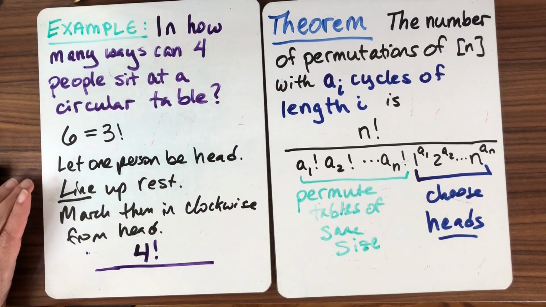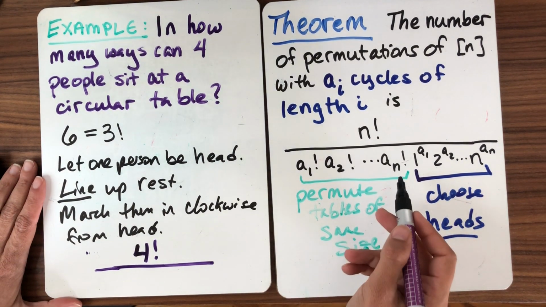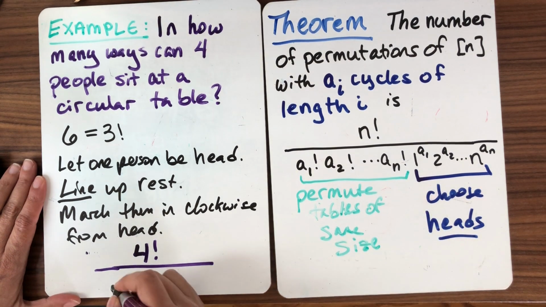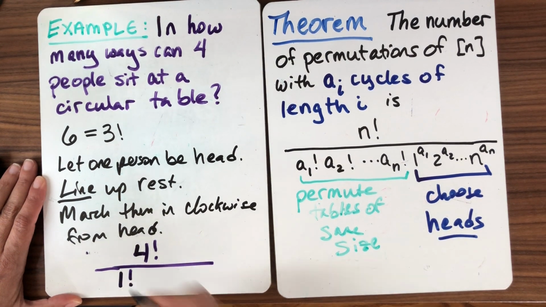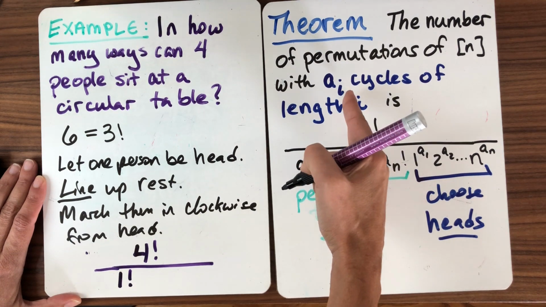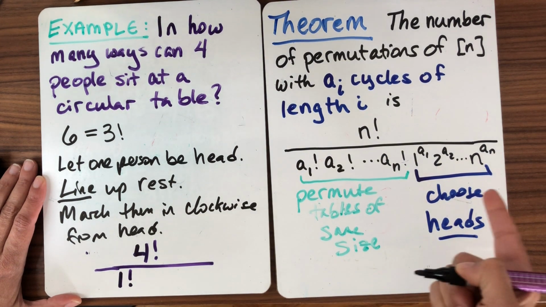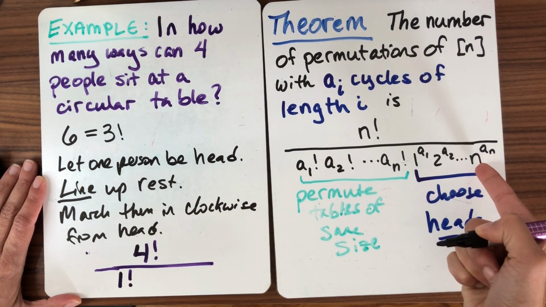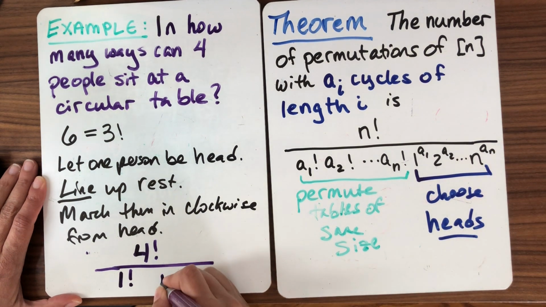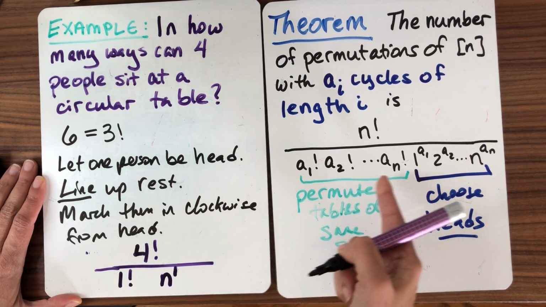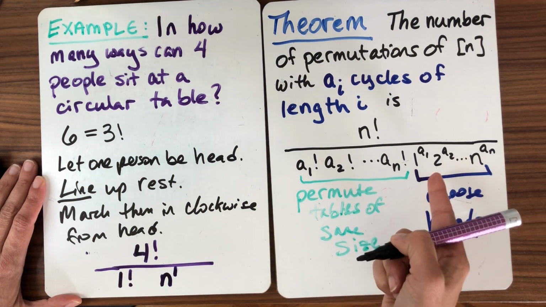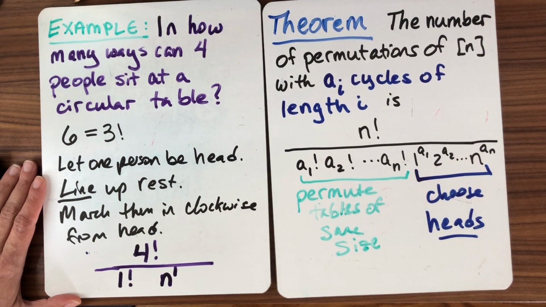Well, we only have one cycle and it has length n. So I'm going to get here an is going to be 1. I'll get 1 factorial. That's for an because I have 1 n cycle. And then I have to choose the head, so I get n to the 1. The rest of these numbers are 0 factorials, which are 1, or number to the 0, which is also 1.